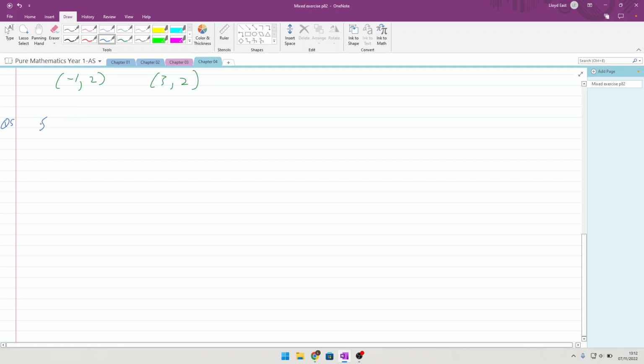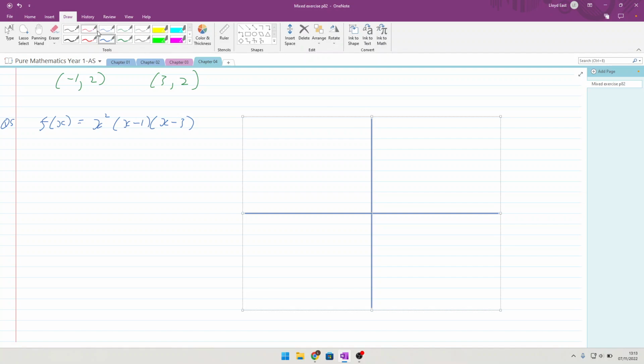Question 5 then. So we have a function of x is equal to x squared, x minus 1, x minus 3. And they want us to sketch this graph. Okay. So y, x. So what do we have here?